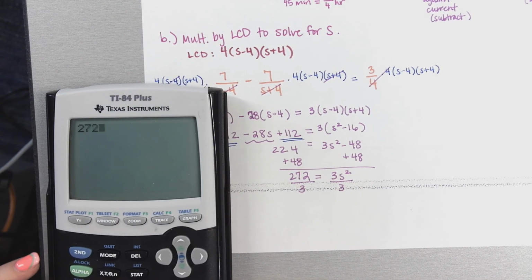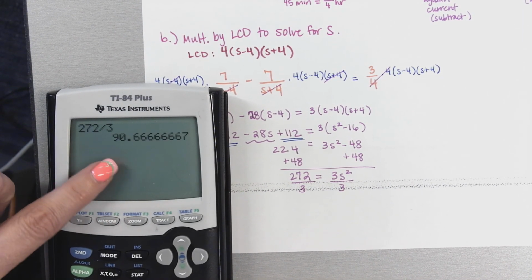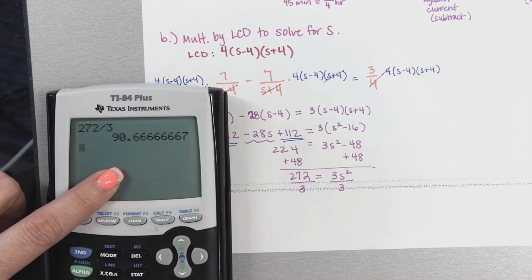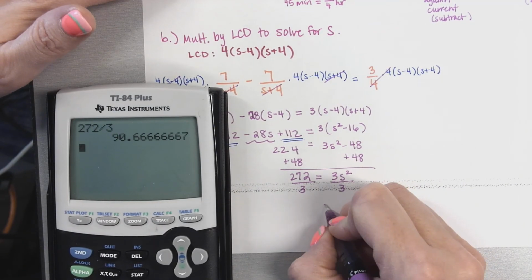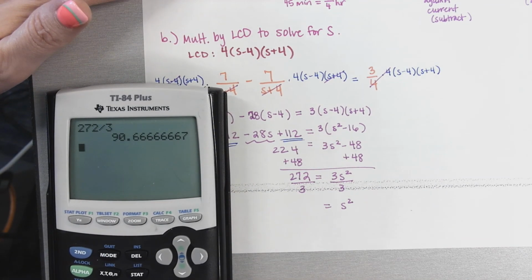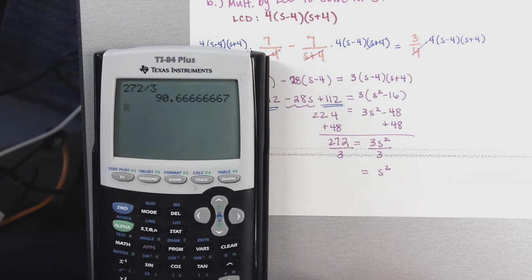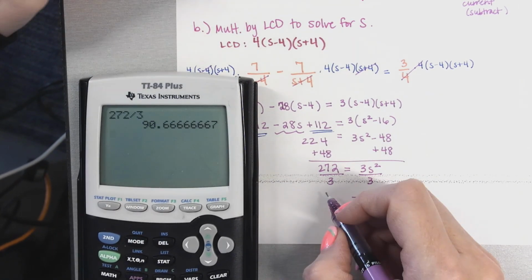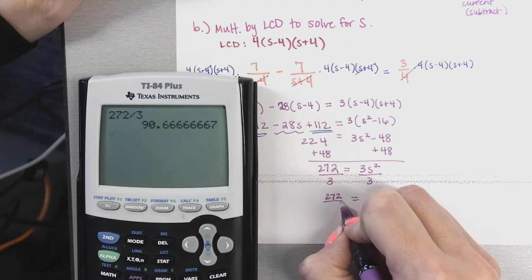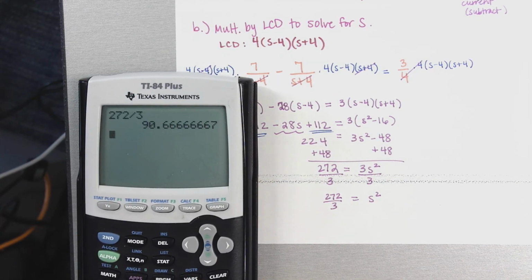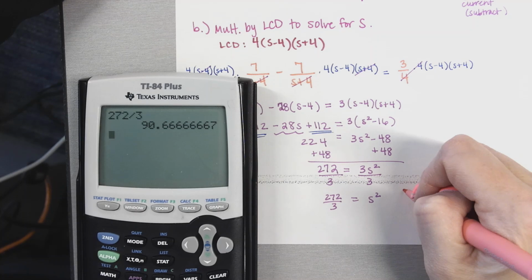So if you do 272 divided by 3, keep that in your calculator. So we're gonna write out that you are not rounding that early. Okay, so I'm gonna keep it as 272 over 3. Okay, and then do not round early.